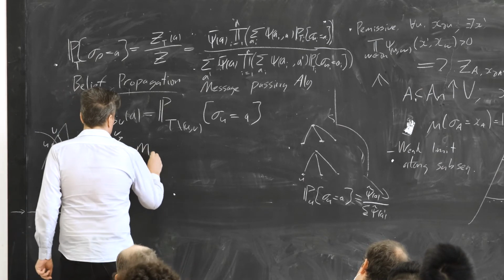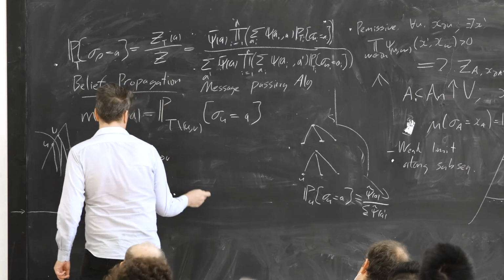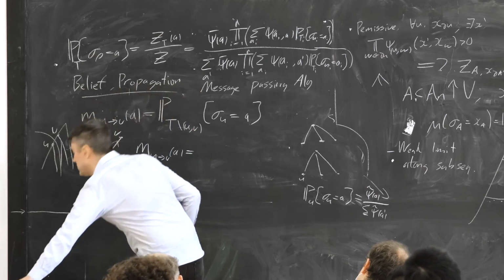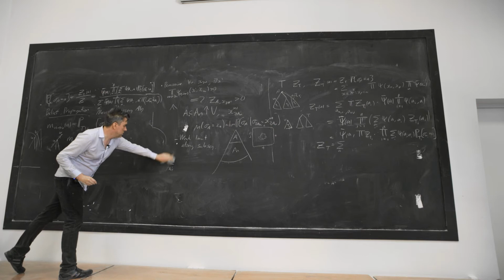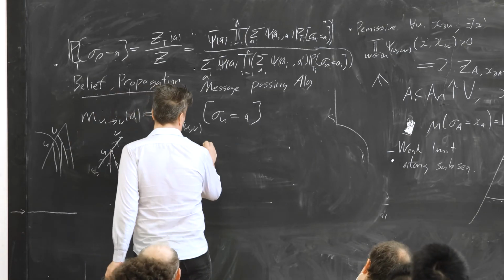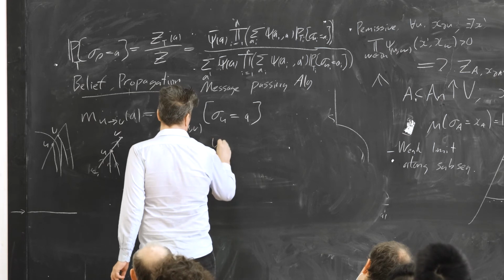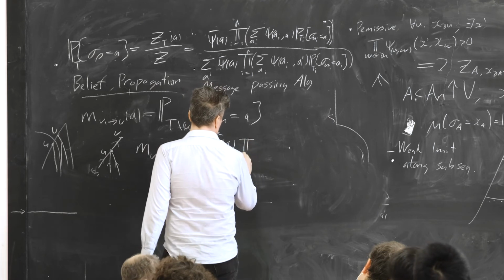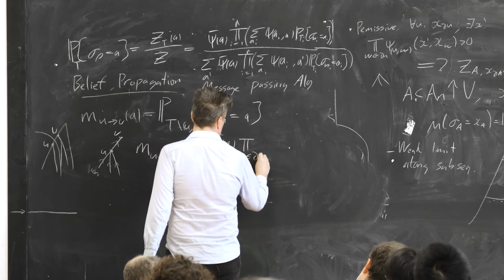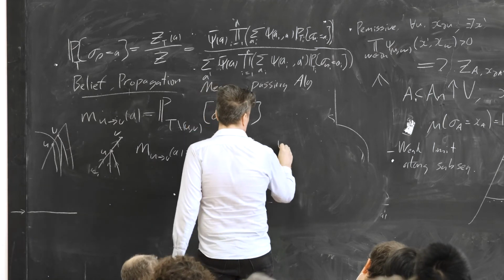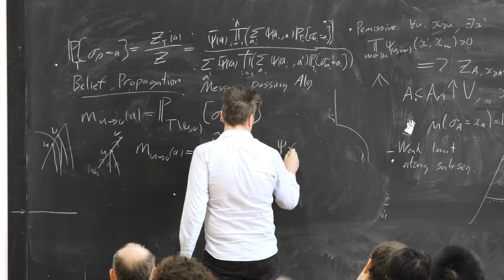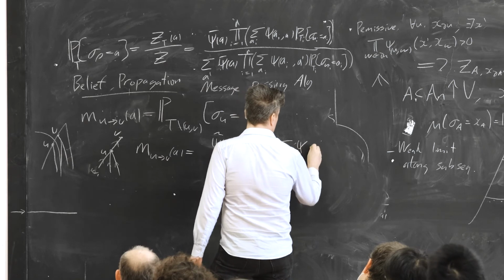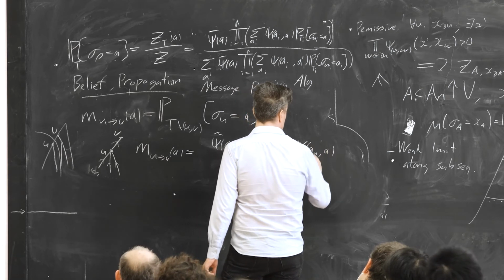So the message from u to v of A is equal to psi of A times the product over the neighbors of u minus v, of the sum over A_w of psi of A_w, A times the message from w to u.